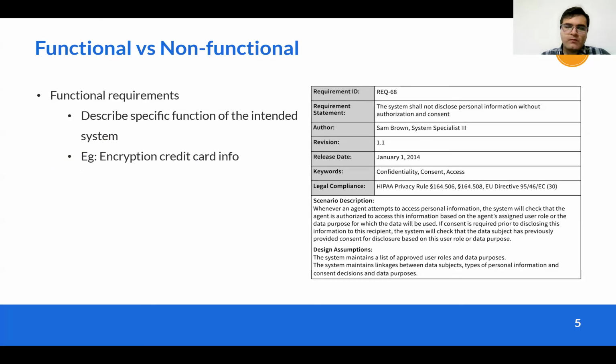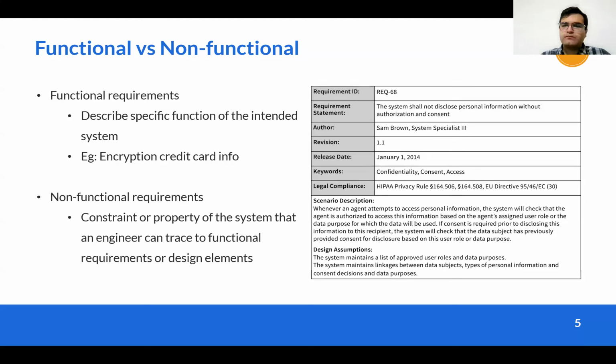Then a non-functional requirement is a constraint, a limitation or requirement that is not really a feature, not something that people actively do. It's just a characteristic of the system, linked to functional requirements, but isn't a functional requirement itself.